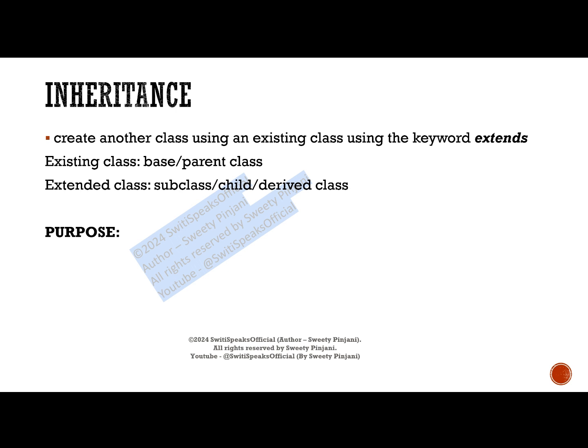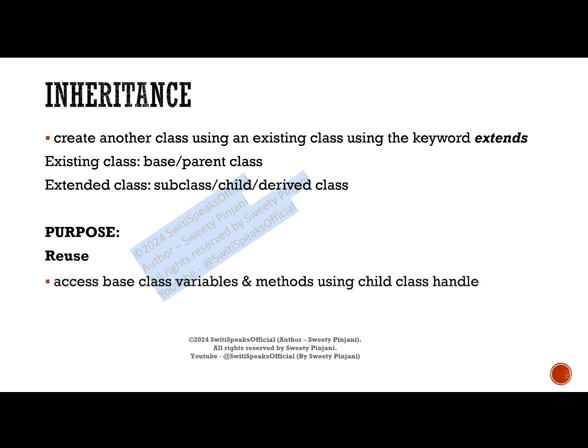The main purpose of inheritance is reuse. How will we reuse? The child class or the derived class has access to all the base class variables and methods. This is how we reuse.